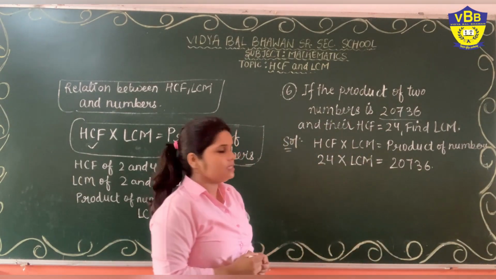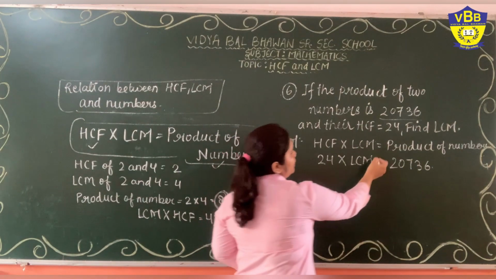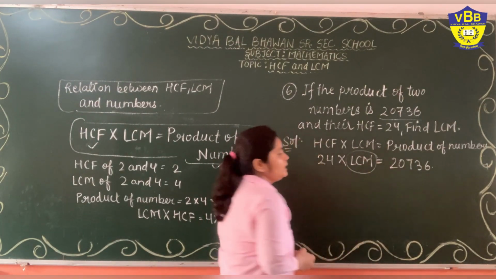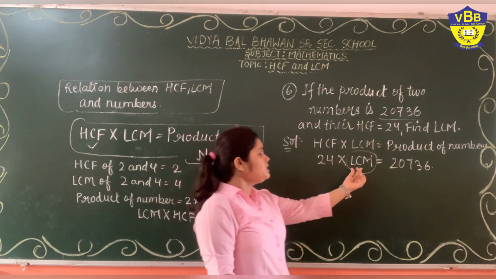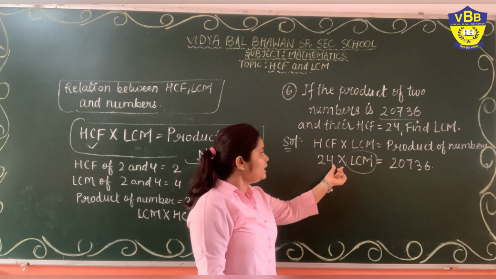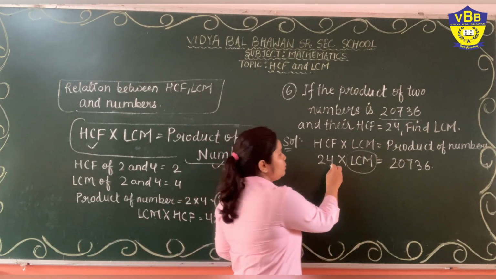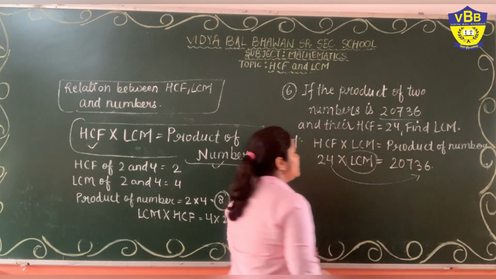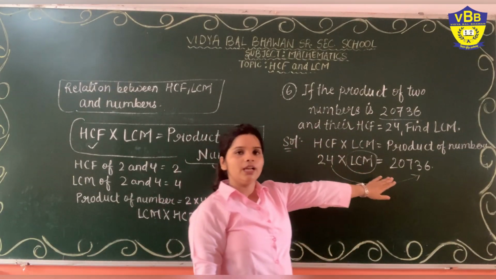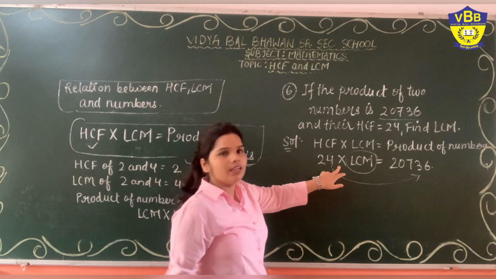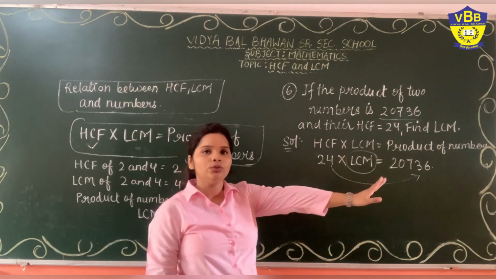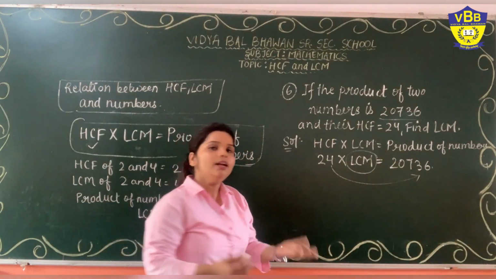Now what to do is find the LCM. For finding LCM, you can see with the LCM there is 24 in multiplication. So you need to shift it to the other side. It is here in multiplication, will go to the other side and will become division.